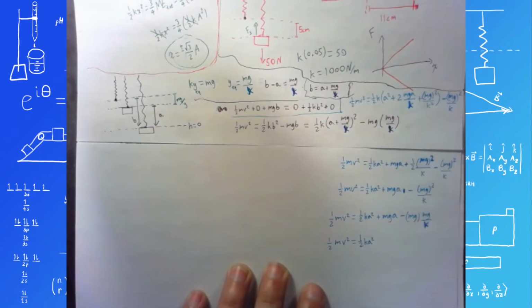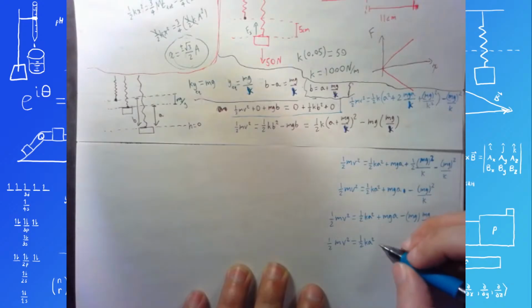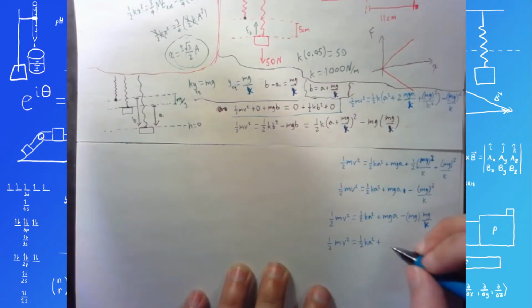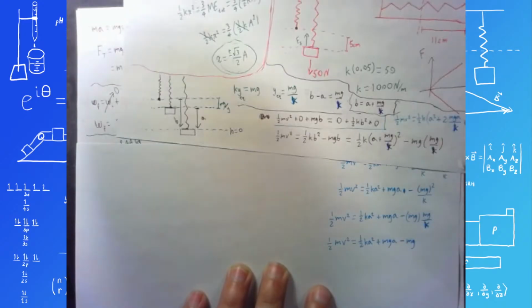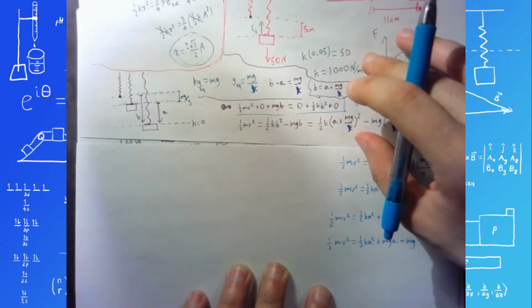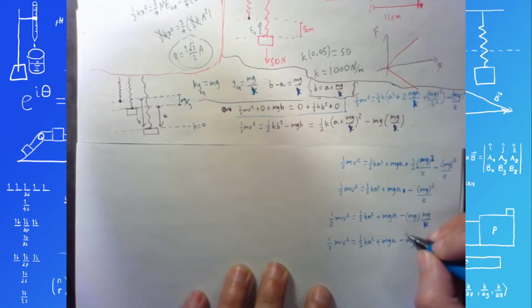I feel like I took a wrong turn somewhere and ended up taking more steps than I actually needed to, but I guess that's what I get for waiting until so late at night to do this. So mg over k is equal to b minus a, so this is going to be mgb minus mga.